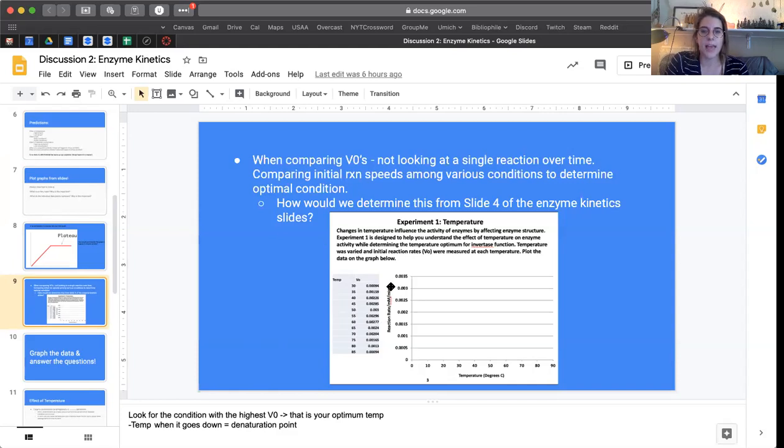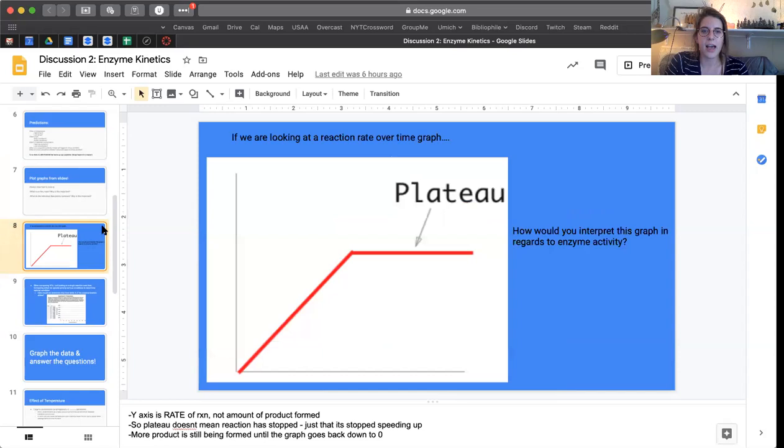If we have a graph that looks like this, the red line, what's going to be happening at the red line? If this is a rate, when we see a plateau of a rate, a lot of people in my previous 173 classes would be under the misconception that suddenly the reaction is stopping here and that no more product is being formed, because we see a plateau and so you might think, okay, we're done.